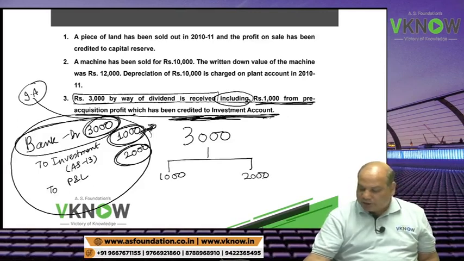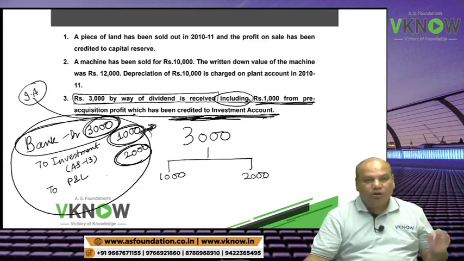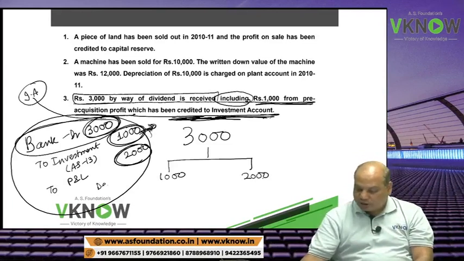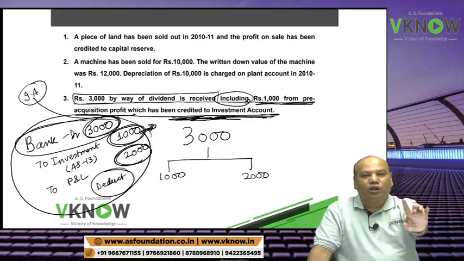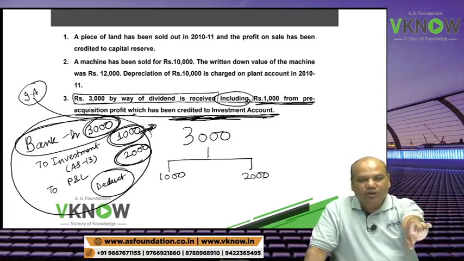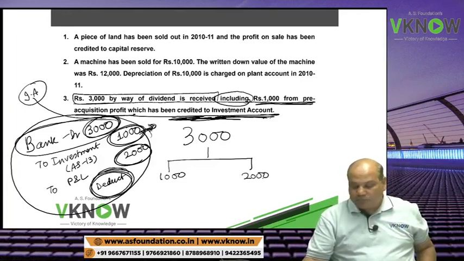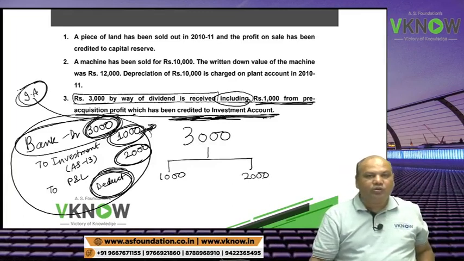P&L account is credited by 2,000. Dividend income credited to P&L account, you deduct it from P&L account because it is not an operating activity, it is an investment activity. So deduct in P&L account and show in investment activity 3,000 rupees.